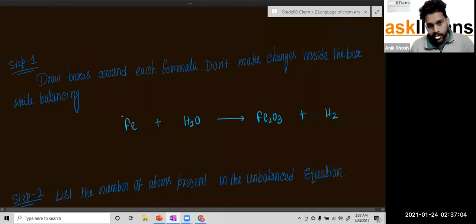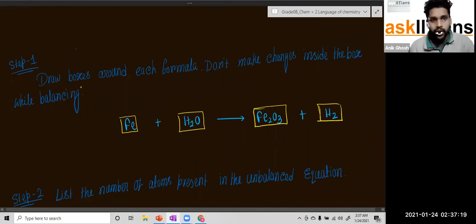So first thing is, draw some boxes around them, like that. They're saying do not make changes inside the boxes while balancing. You cannot touch these boxes when balancing a chemical reaction.